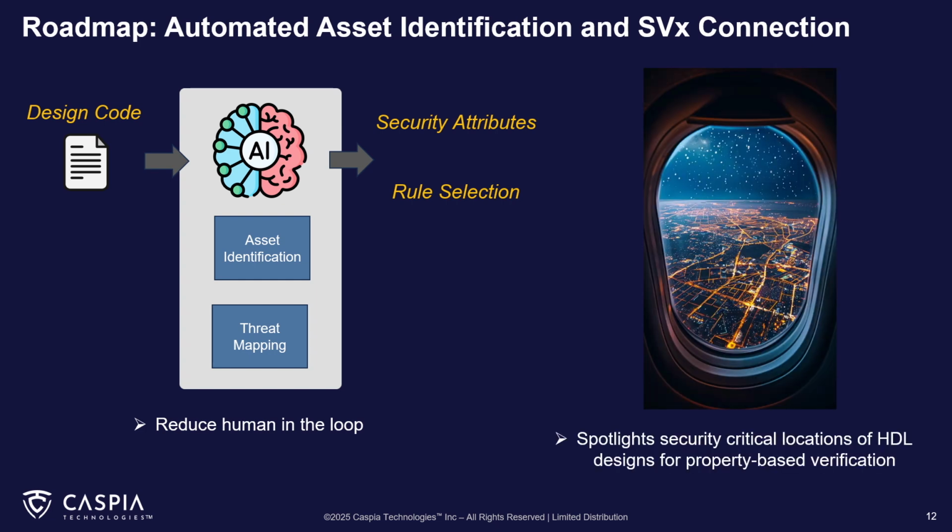This capability, along with CODAx's static engine, will also help feed valuable information to Caspia's next-gen solution, SVX, which is a GenAI-powered security property generation tool. Running static analysis before running the GenAI capabilities allows easier and faster identification of critical design elements and streamlines deeper security checking, making these a valuable pair. Please reach out to Caspia to learn more about the CODAx roadmap.